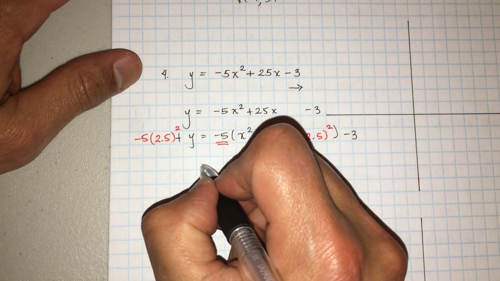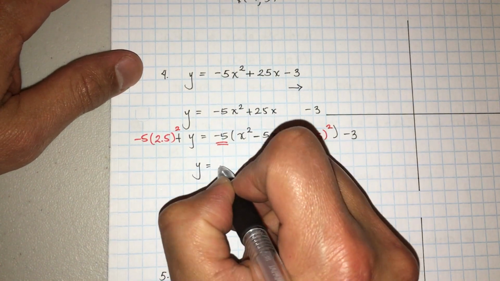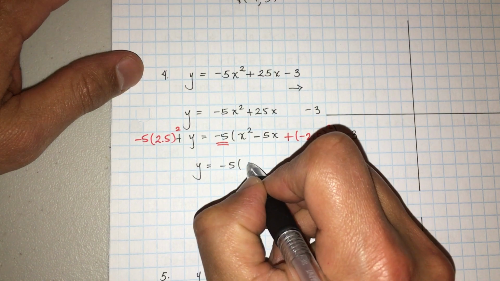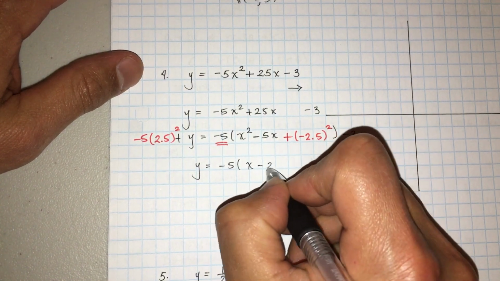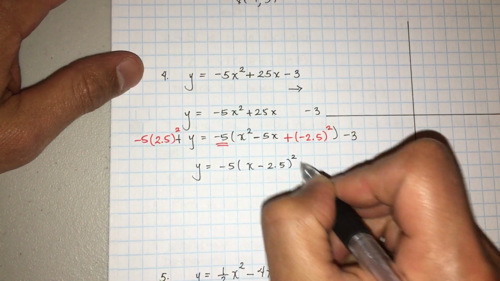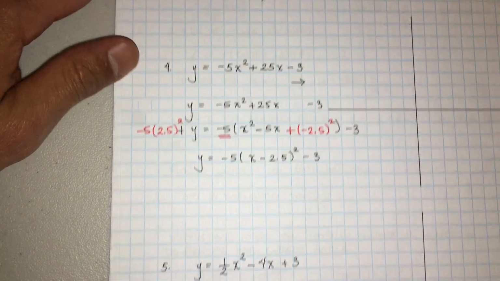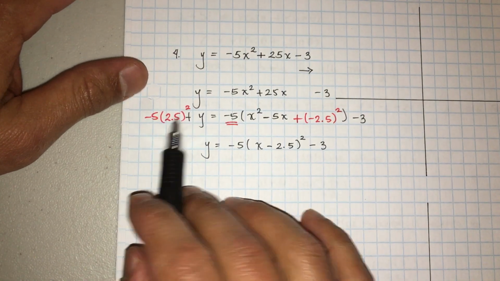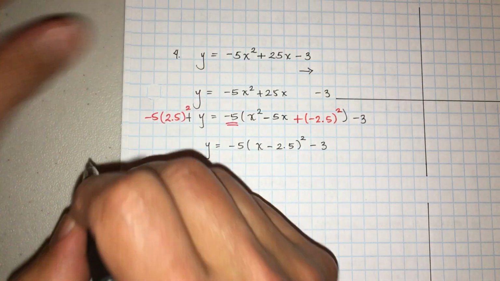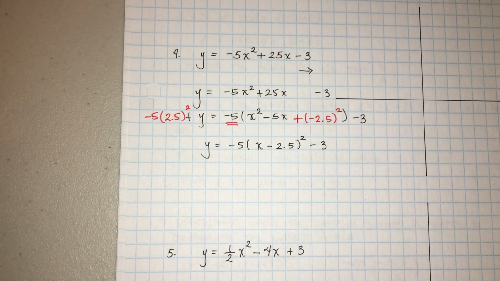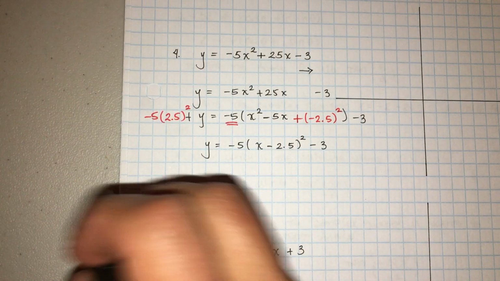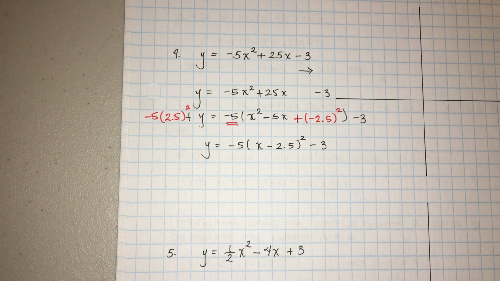And right here we're going to get y equals negative 5, me va a dar x minus 2.5, and that's going to be squared, minus 3. Okay, and then what about this one? That would be negative 5 times, what is that, 6.25.